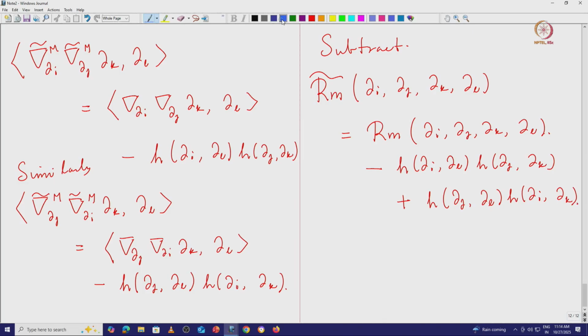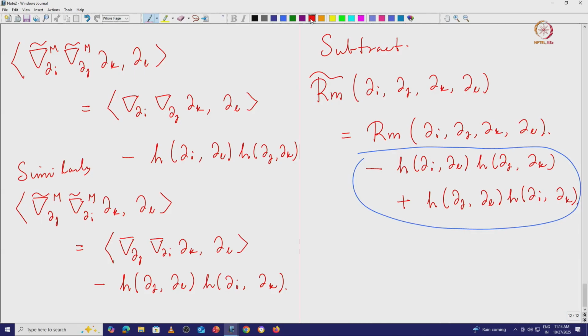Okay, so if you take the second fundamental form terms to the other side, you get precisely the formula in the Gauss-Codazzi equation. Alright, so this proves the Gauss-Codazzi equation.